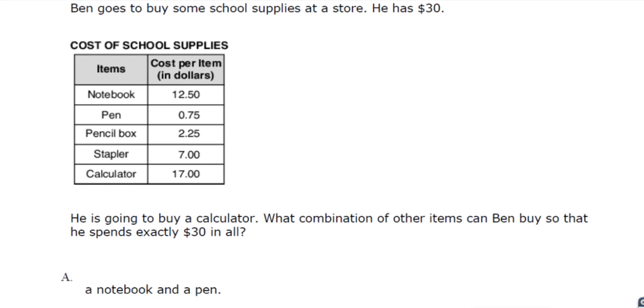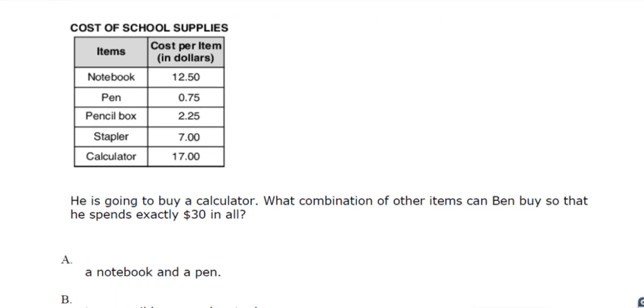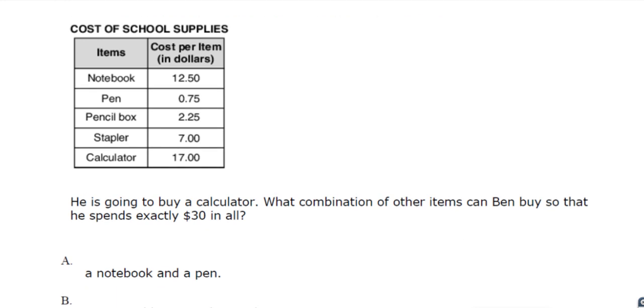Ben goes to buy some school supplies at a store. He has $30. You have your chart of the possible things that he could have purchased. He's going to buy a calculator. What combination of other items can Ben buy so that he spends exactly $30 in all? Okay, so he has $30.